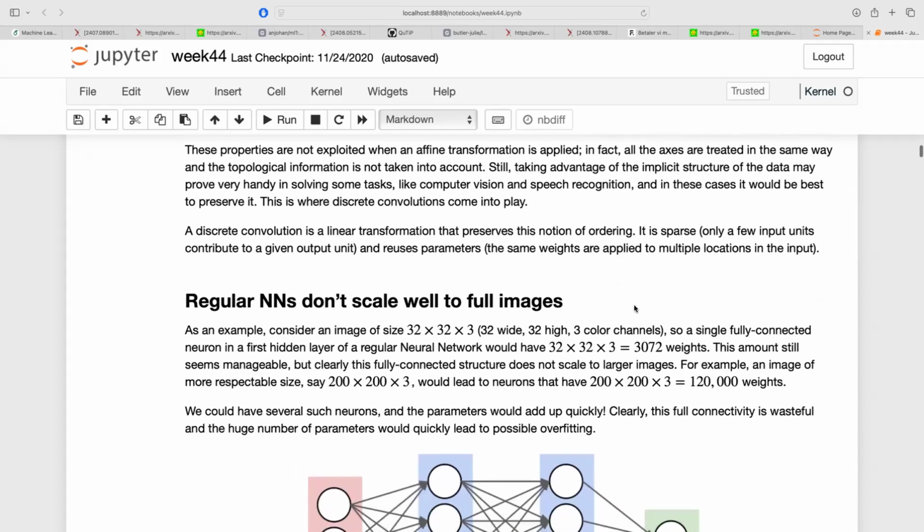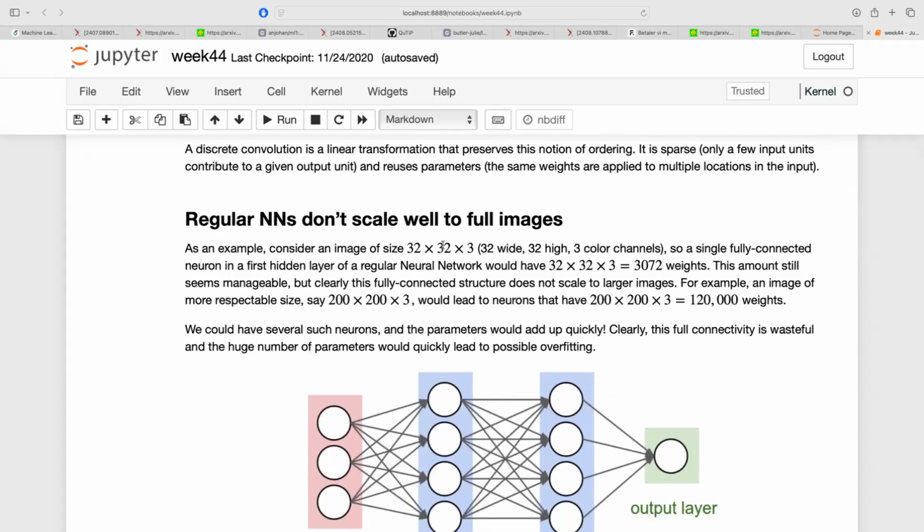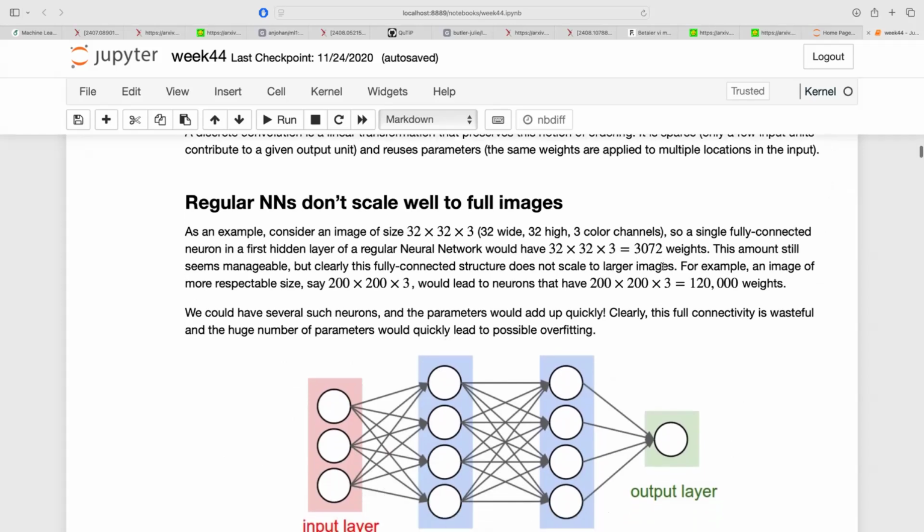And what I have here are some simple examples. If you think of an image like the MNIST data, which we looked at earlier, if you have 32 times 32 times 3 color channels, and you link that with a fully connected neural network hidden layer, then you would have 32 times 32 times 3 weight parameters to think of.